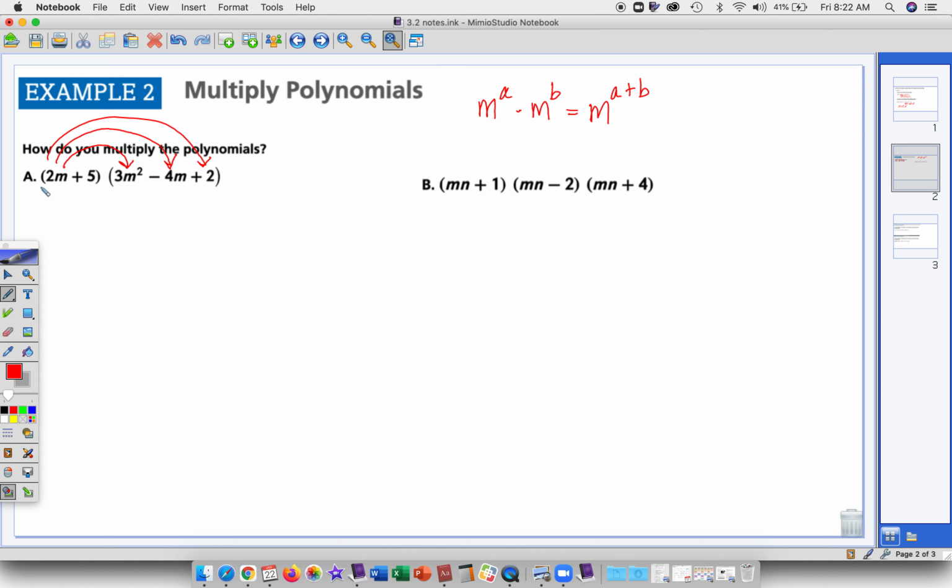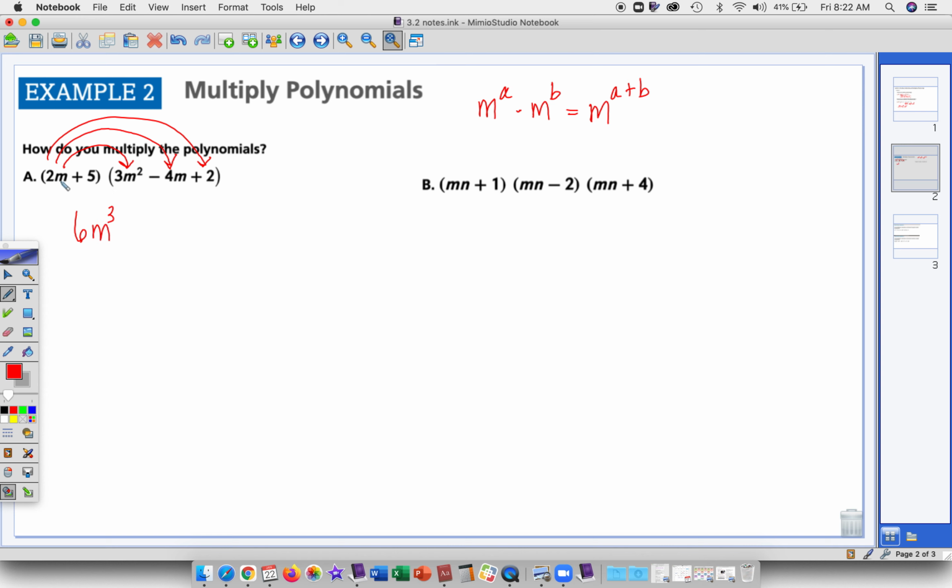So here I multiply the coefficients, so 2 times the 3 gives me 6, and m times m squared, right? It's the same base, m and m. I add the exponents, so this is an exponent of 1 plus 2 gives me m cubed.